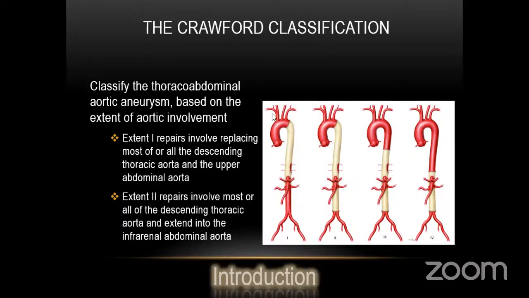For extent 1, we have repairs that involve replacing most of or all of the descending thoracic aorta and the upper part of the abdominal aorta. For extent 2, which is the same as extent 1 from proximal, it involves most of or all the descending thoracic aorta and extends into the infrarenal abdominal aorta.